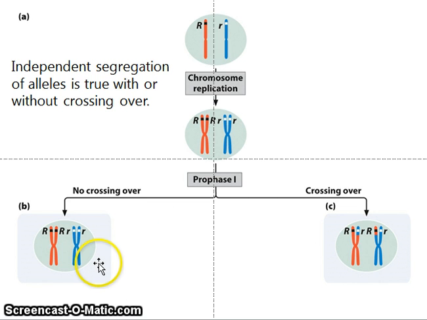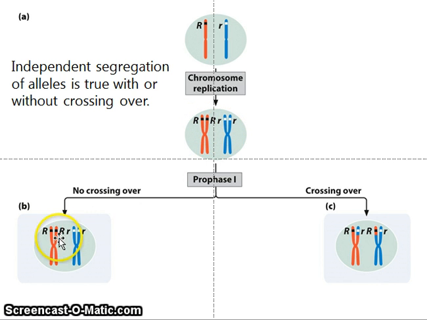So what this means is, let's say you have no crossing over, and here we do have some crossing over. What we're looking at is a single homologous pair of chromosomes. This homologous pair has replicated, and it's a heterozygote because we have a big R and a little r.